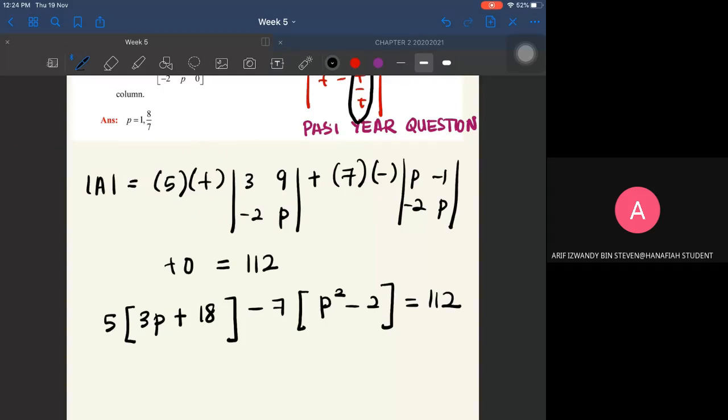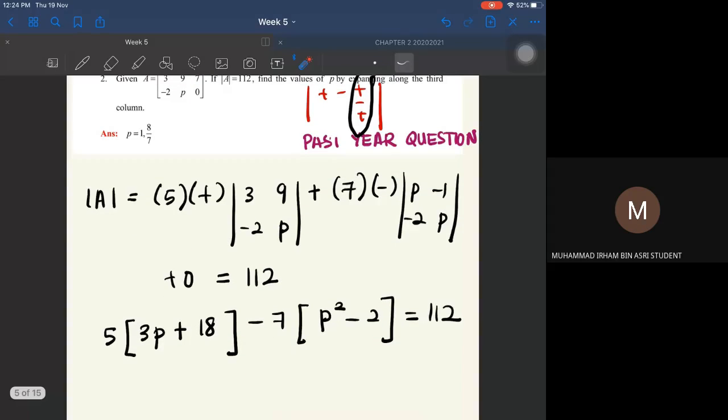Faham? Saya skip step ni. Negative, positive. Tambah ke tolak Fan? Which one? 3P tambah 18 ke 3P tolak 18? Sebab formula dia kan ni darab ni, tolak ni darab ni. So tolak-tolak akan dapat tambah lah. Oh, tolak-tolak. Okay.